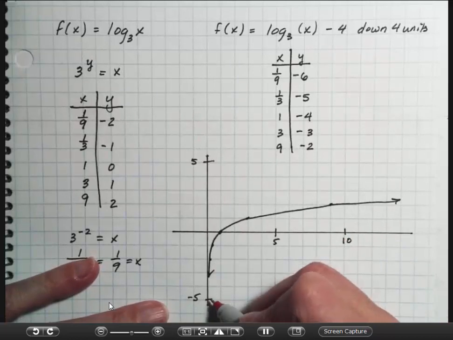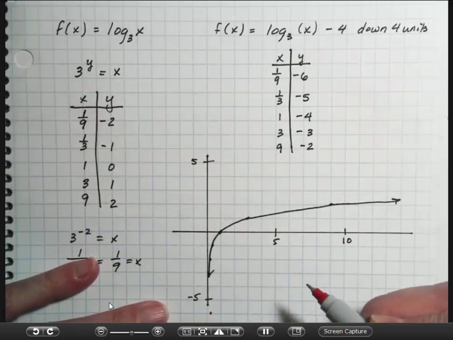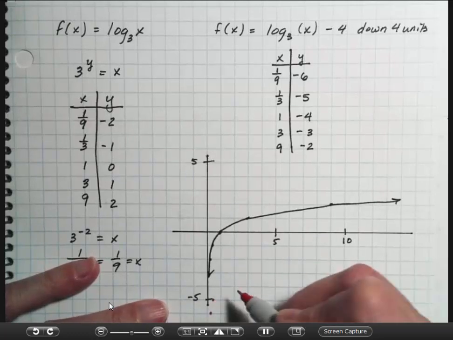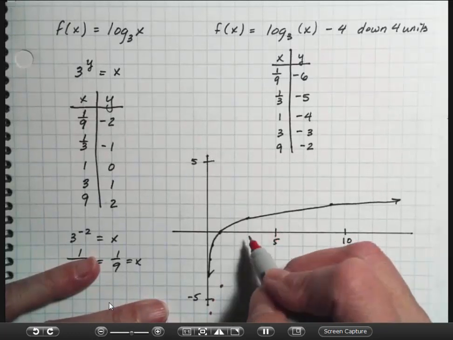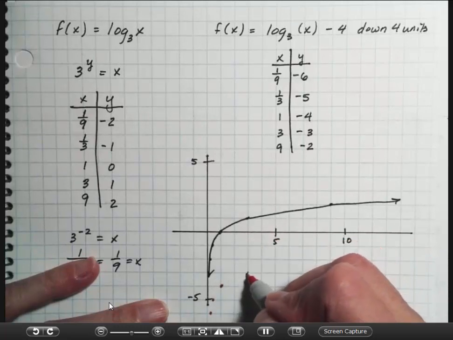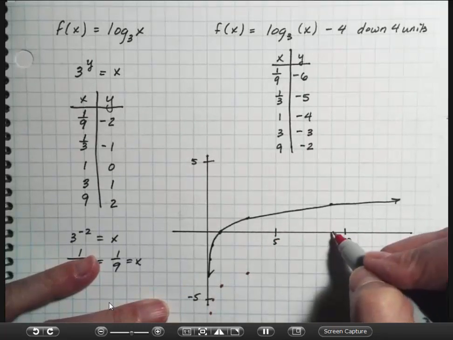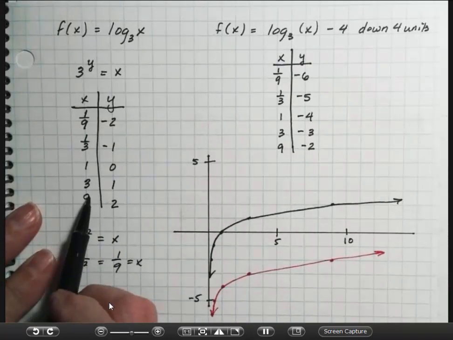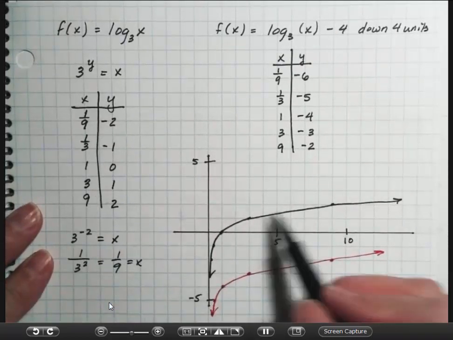So this is 5, 6 down here. (1/3, -5). (1, -4). (3, -3). (9, -2).